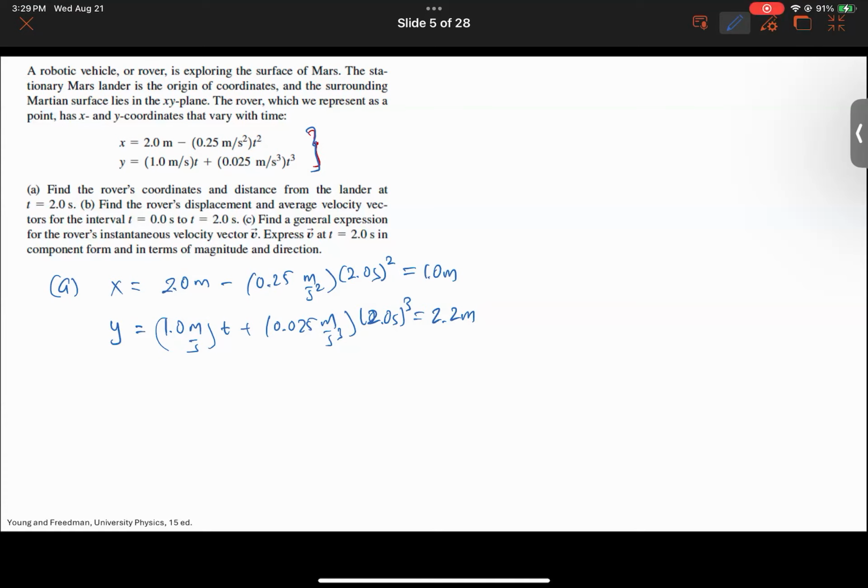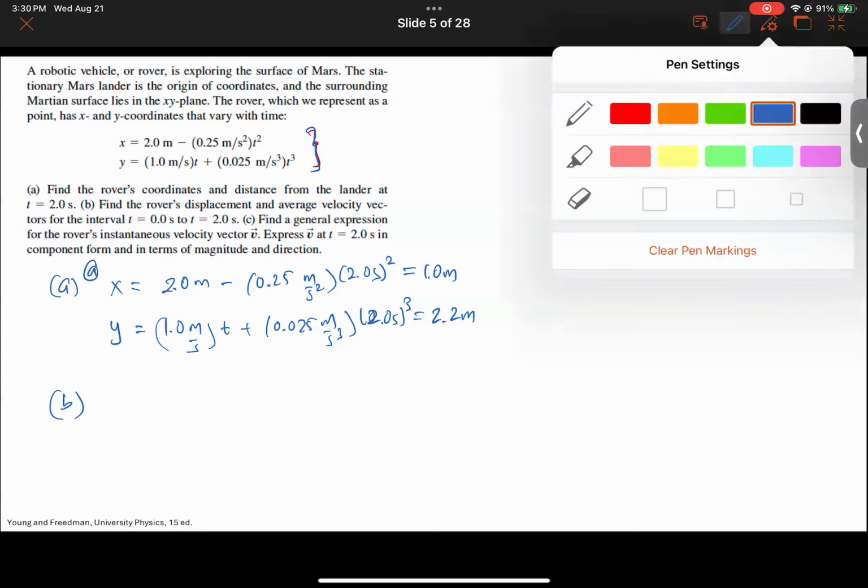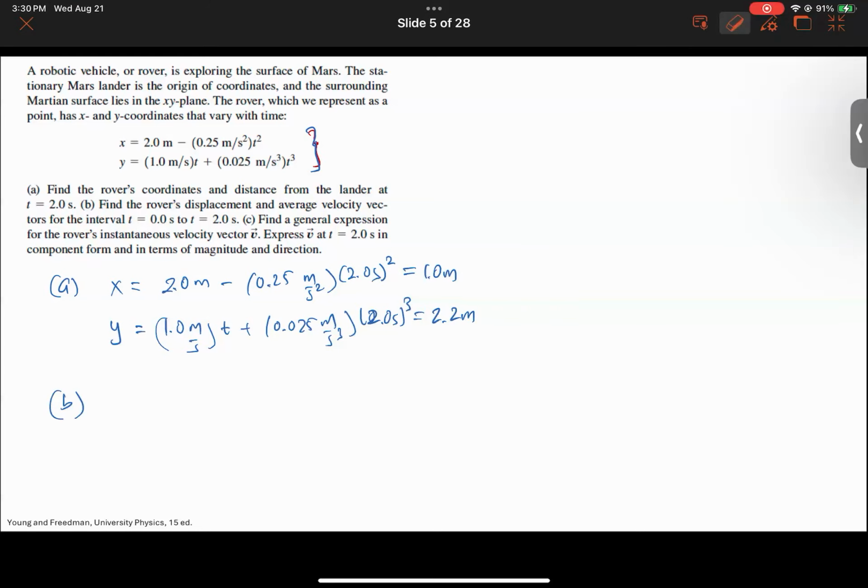Okay, ano yung next question? So letter B, find the rover's displacement and average velocity vectors for the interval t equals 0.0 seconds and t equals 2.0 seconds. So nakuha na natin yung position niya at t equals 2 seconds.